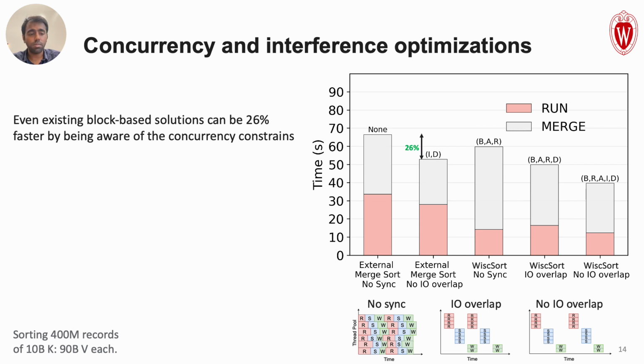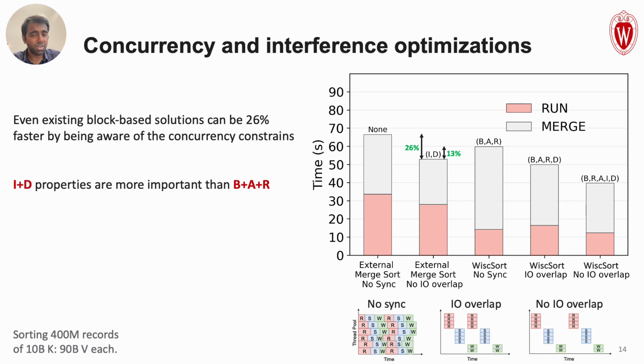Here, we're sorting 400 million records of 10-byte keys and 90-byte values. The first interesting observation is that even existing block-based solutions can be made faster by simply making them concurrency aware. Here we see a 26% improvement of external merge sort no I/O overlap compared to no sync.